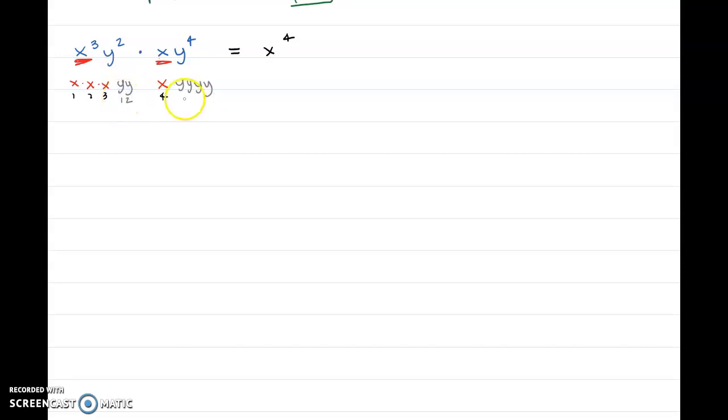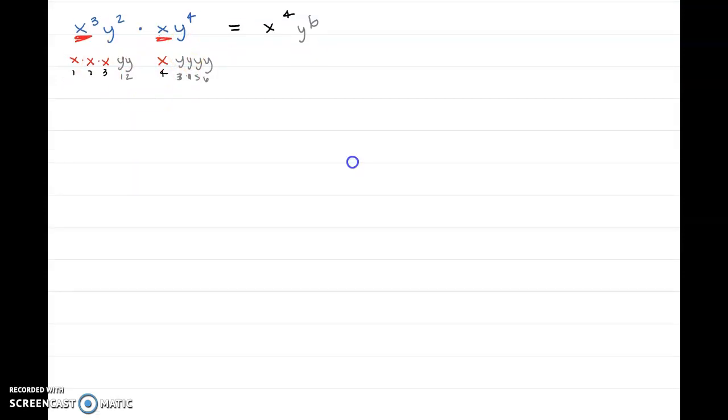So 2 y's multiplied by 1, 2, 3, 4 y's. So that gives us 3, 4, 5, 6 y's altogether. Again, if you're starting to understand the pattern, that's great. You don't necessarily have to write out all these x's and y's every single time. I write it down here to kind of help you out.